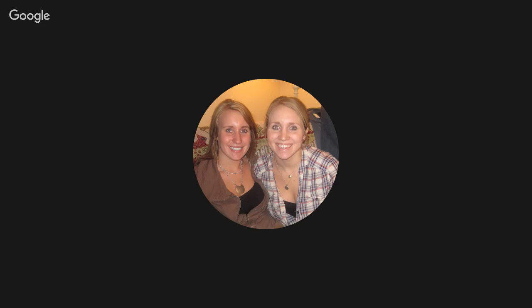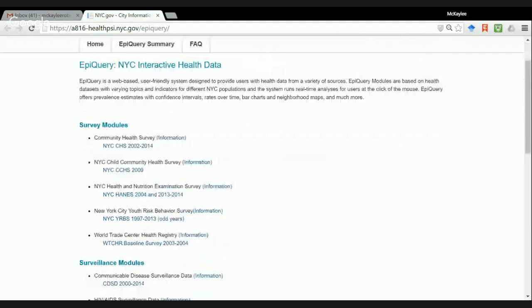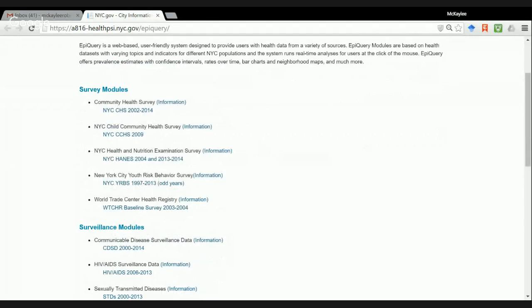All right, so this is EpiQuery. And this is all of the publicly available surveillance information that the city provides. You are not going to be able to look at a line listing of who has what conditions, but you can look at aggregate summaries, which is really useful.